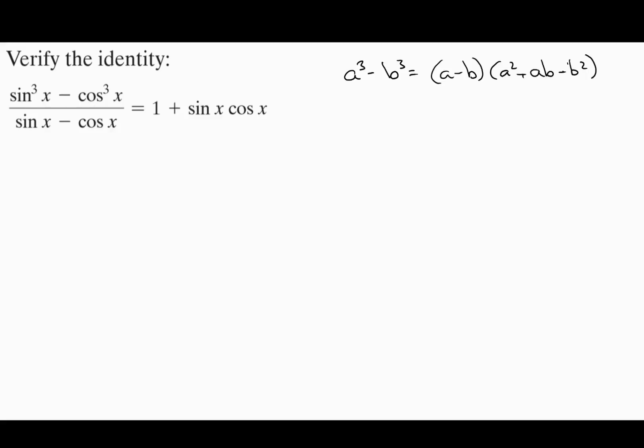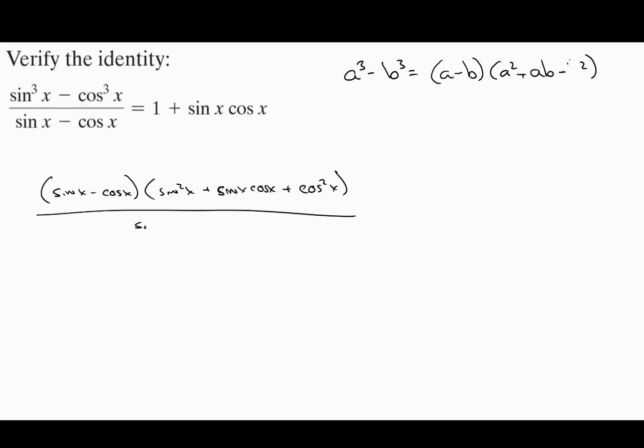So this is the difference of two perfect cubes. It factors into the sine minus the cosine, times sine squared, opposite sign, multiply them together, sine cosine, always positive, over the sine minus the cosine.